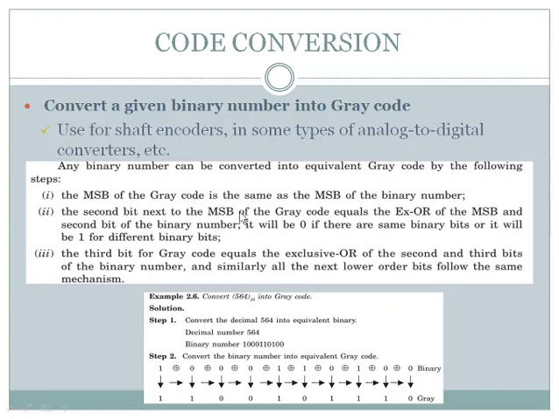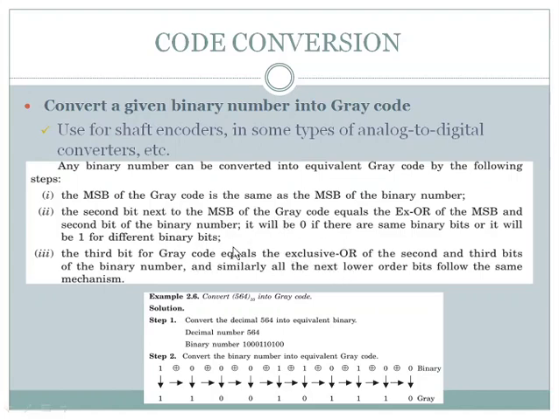When you take the XOR, if both the bits are the same, then the result is 0, and if both the bits are different, the XOR operation gives you 1. And how to obtain the third bit? The third bit of gray code equals the XOR of the second and third bits of binary.